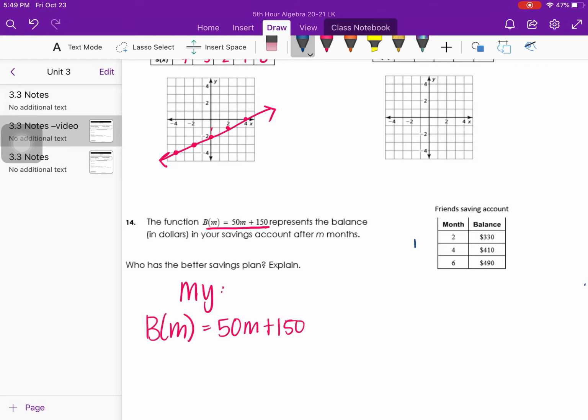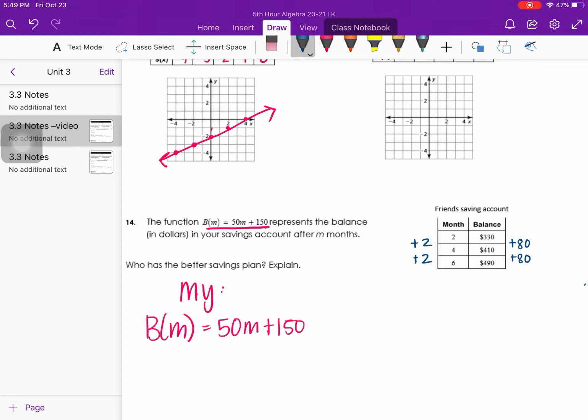So from 2 to 4 months, we're adding 2 months. 4 to 6, we're adding 2 months. And then the difference in the account dollar-wise, we go from 330 to 410, so we add 80. And now we're adding 80. It's like we're trying to find the slope.